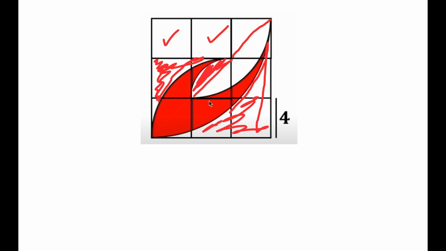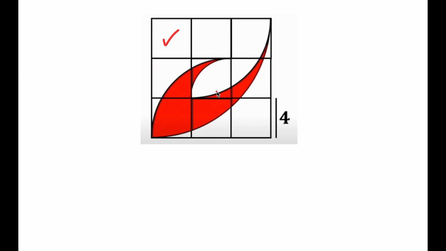So what I'm first going to do is find the area of these two squares.